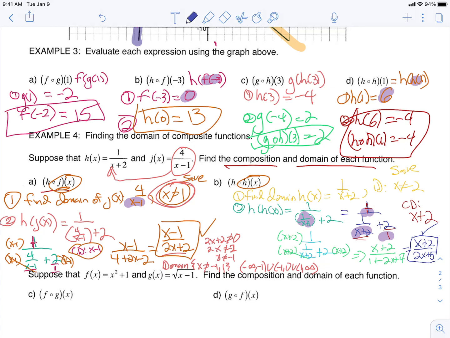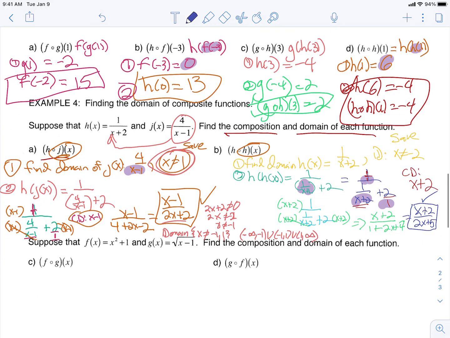Check, right? That's the composition, right? I just found the composition of h of h of x. I found part of the domain from the original, but now I need to find my new domain from my new one. So again, I have a rational function, and so what makes this rational function undefined? Well, I have to set 2x plus 5 to not equal 0. 2x can't equal negative 5. X can't equal negative 5 halves.